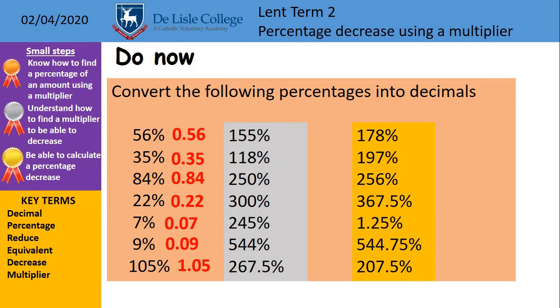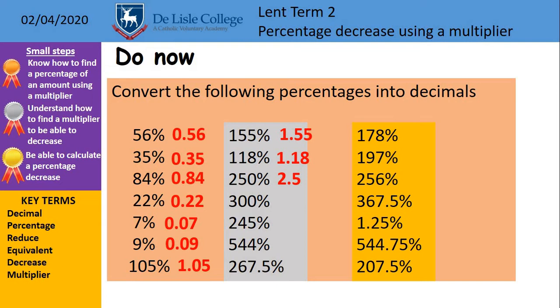For the silver set of questions, 155 divided by 100 would give you 1.55. 118 divided by 100 would give you 1.18. 250 divided by 100 would give you 2.5. Remember in the previous lesson when we were looking at percentages greater than 100%, this would give you a decimal greater than 1.